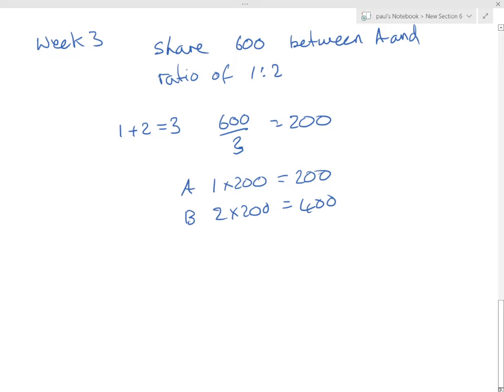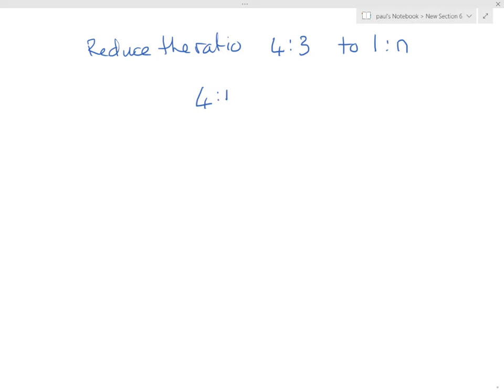And see, 200 and 400 add together to make 600. Then we had a more tricky one where we said reduce the ratio of, what was it, 4 to 3 to 1 to n. N is we don't know yet. So start this way, go 4 to 3, and underneath write 1 to n.